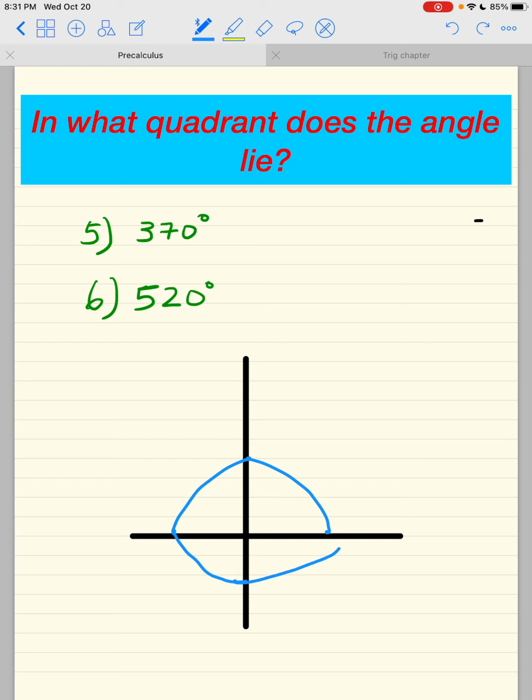So going around to 360 makes you basically reset. It makes you start back in the beginning. So take away 360 degrees, you have 10 degrees left. So by going just a little bit more, you land in quadrant 1.